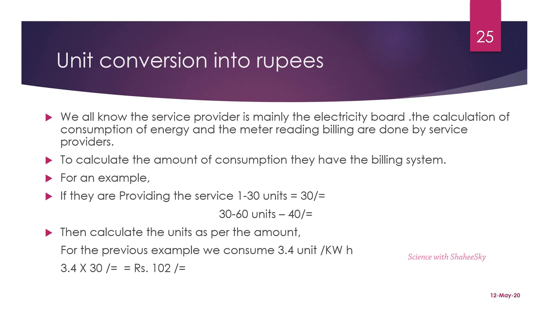So in our previous example, we came to 3.4 units, or 3.4 kilowatt hours per day. Per day, 3.4 units comes between 1 to 30 units, so for 1 to 30 units we can calculate with 30 rupees.